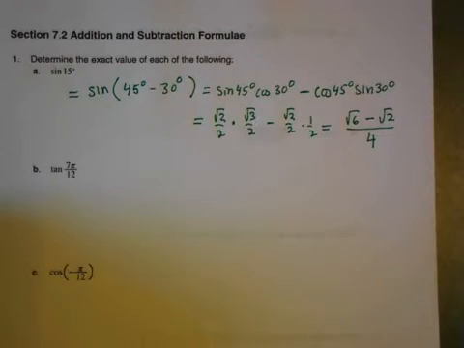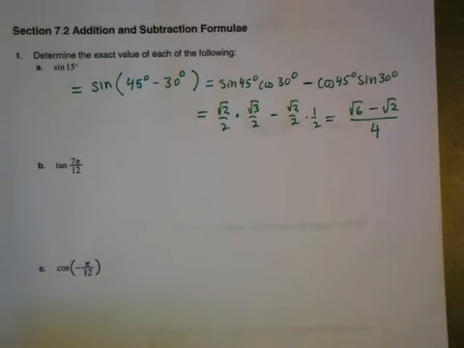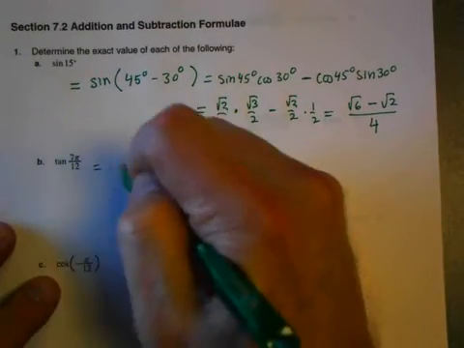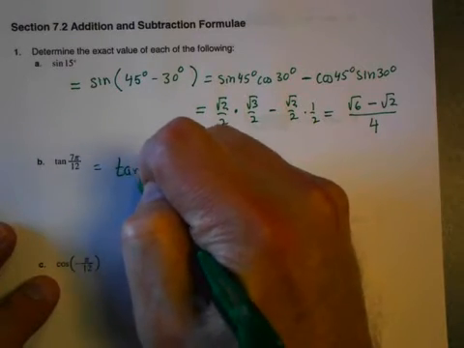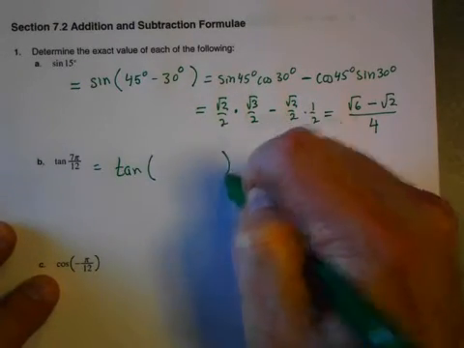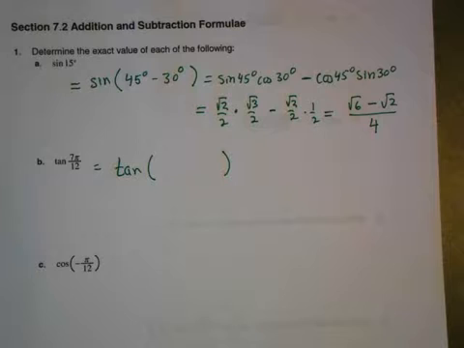Okay, how about tangent of 7 pi over 12? Again, what I want to do is write 7 pi over 12 using angles that I know. How can I get 7 pi over 12? Pi over 6 and pi over 2?